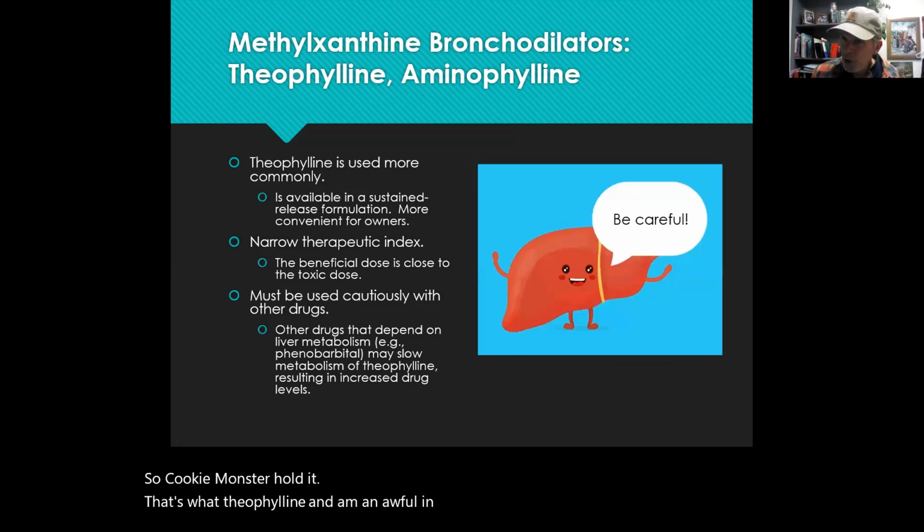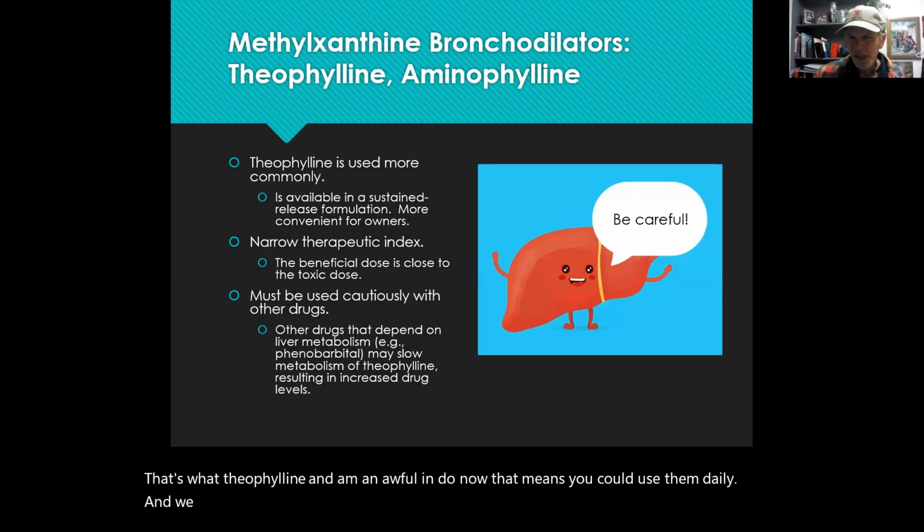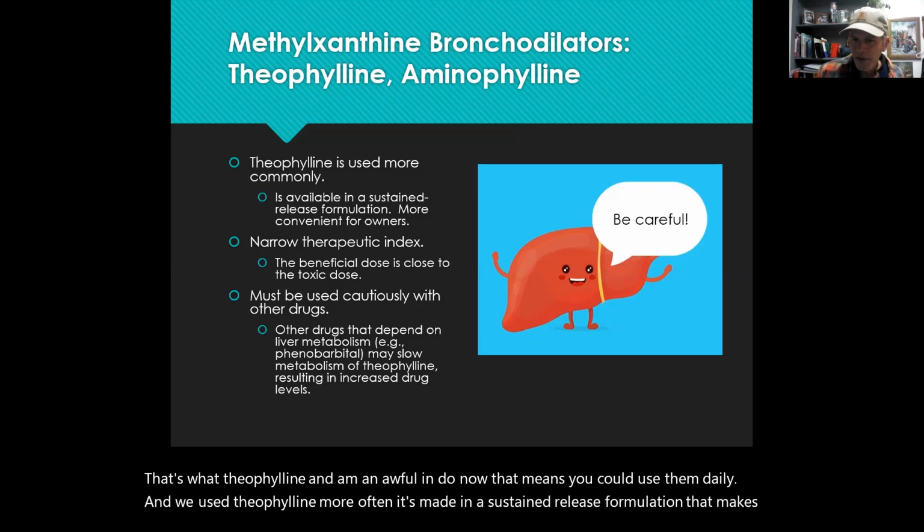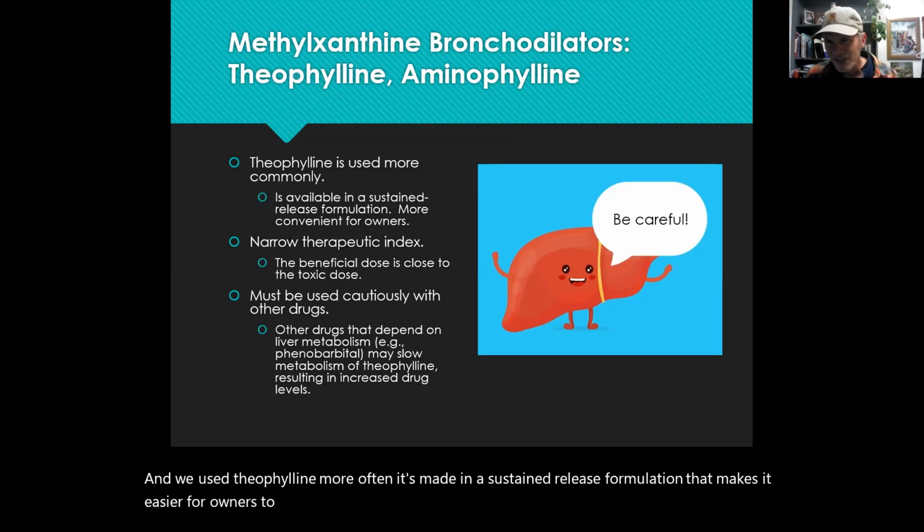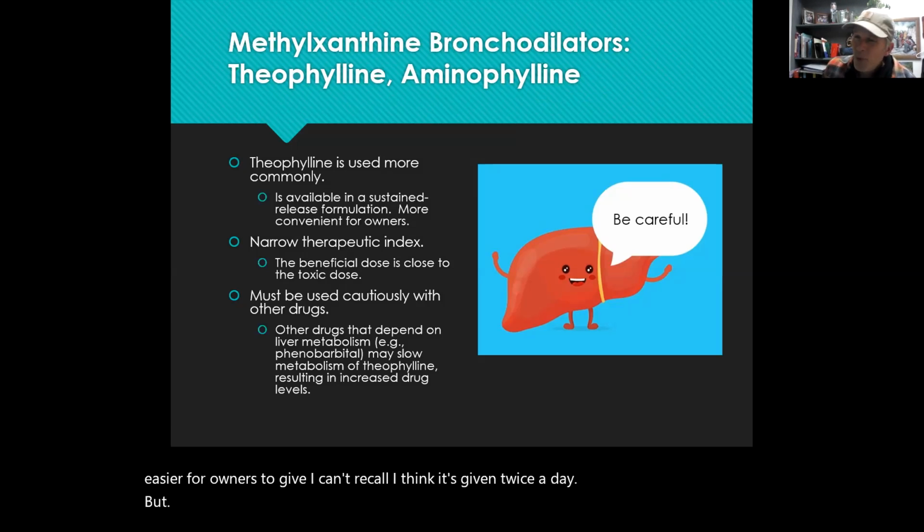Now that means you could use them daily, and we use theophylline more often. It's made in a sustained release formulation. That makes it easier for owners to give. I can't recall, I think it's given twice a day, but there are some problems with theophylline.